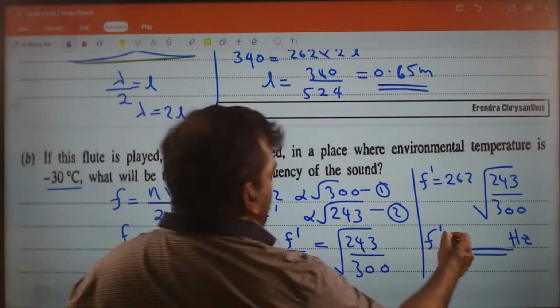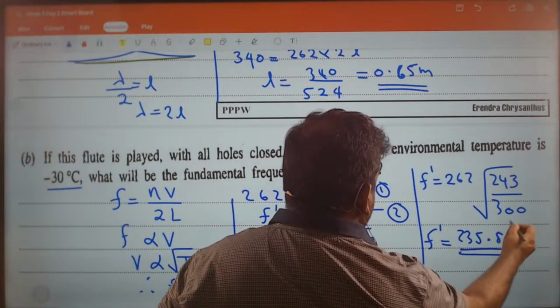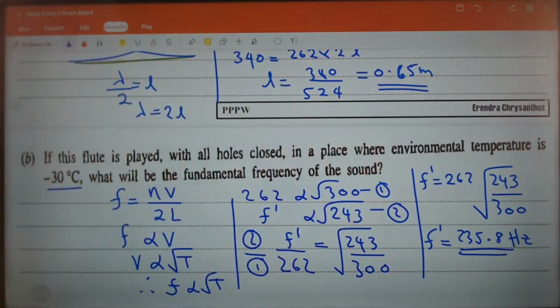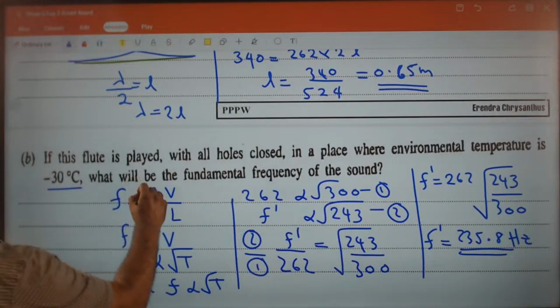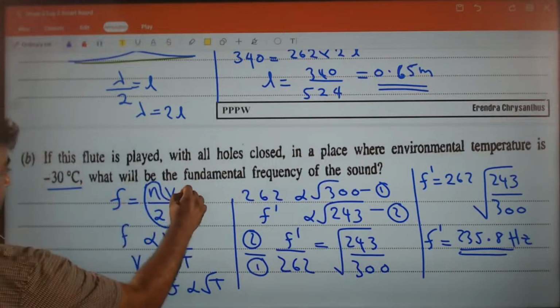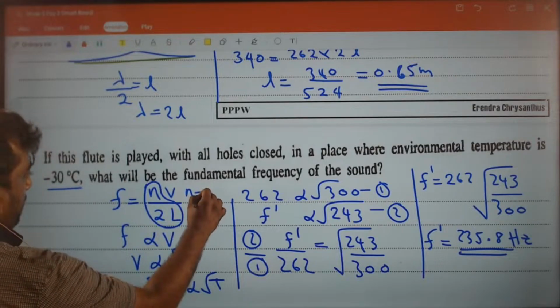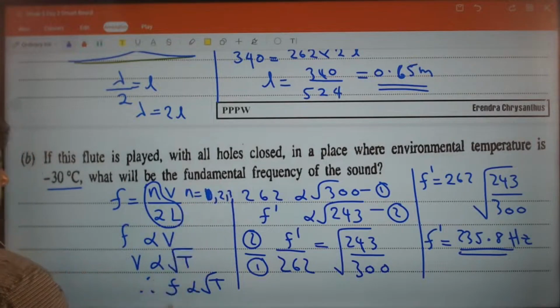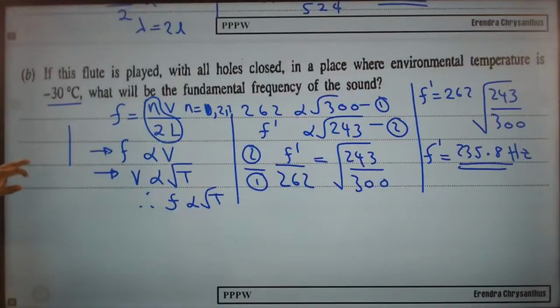So 235.8 Hz. So length and harmonic number won't change. N takes all values: 1, 2, 3, and so on. So here frequency is proportional to velocity, velocity is proportional to square root of temperature, therefore F is proportional to square root of T. Simple working. Okay, done.